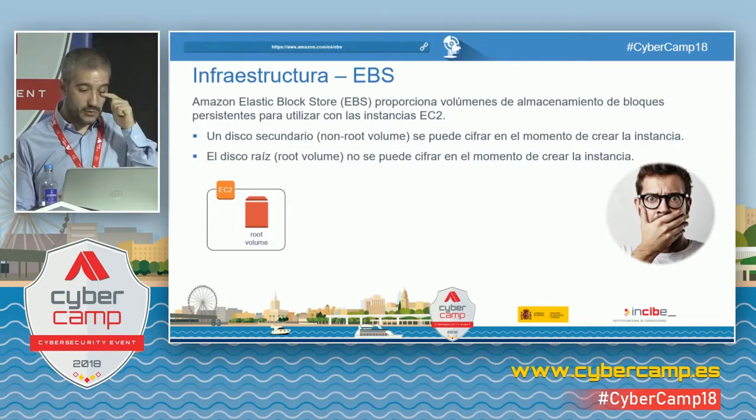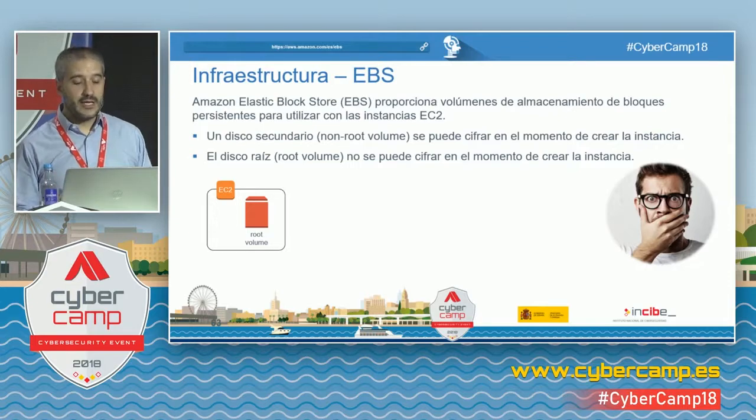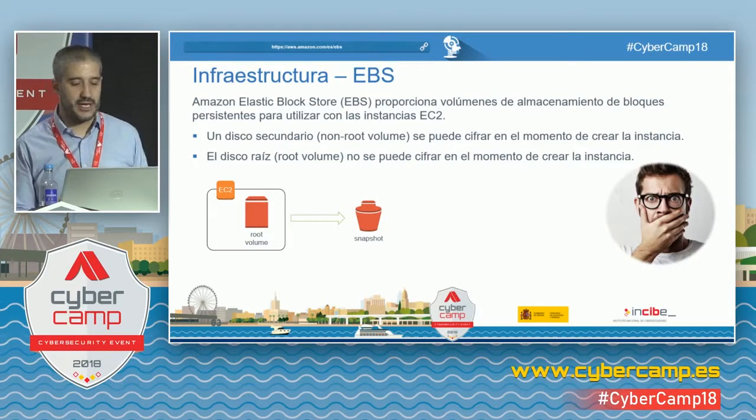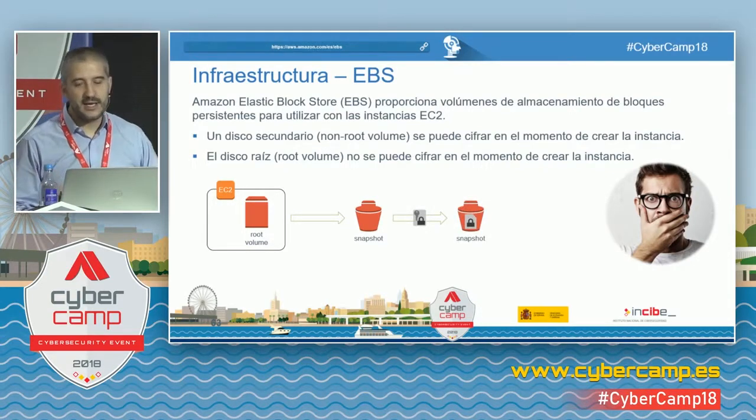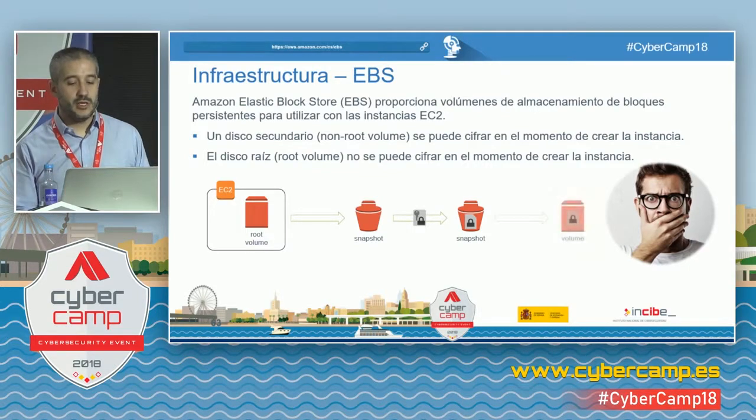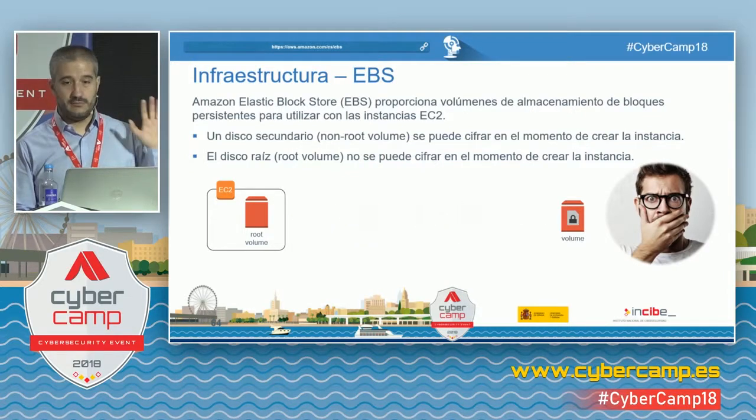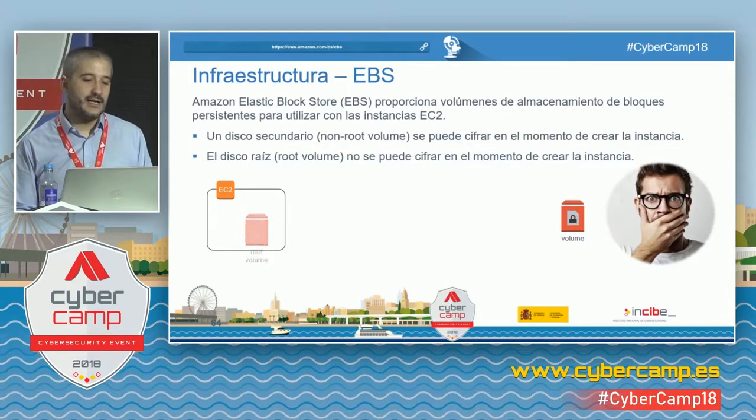A machine with a root unit. So you would get that root volume and do a snapshot, a security copy. And then after that, we can make another copy of our first copy and encrypt it. So that's it. You've encrypted it. You stop your machine.